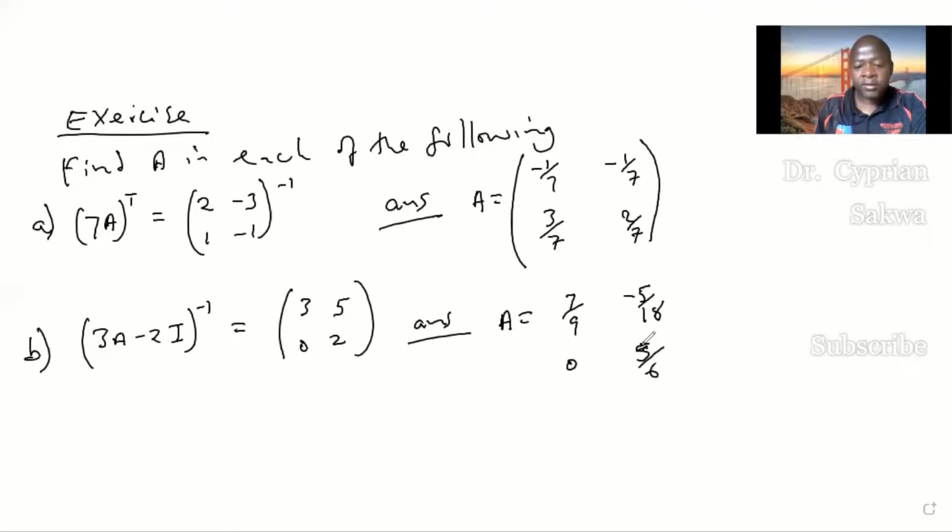Let me just write this one properly: 5 out of 6. That's what I find A to be. Okay, that is the exercise that I want you to try. So let us continue with another theorem that will be very important to us.